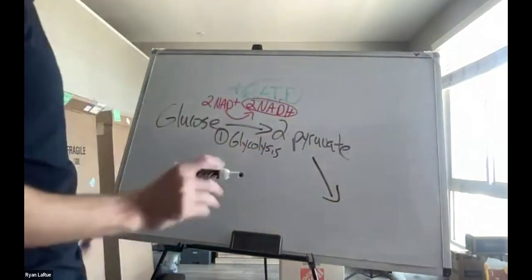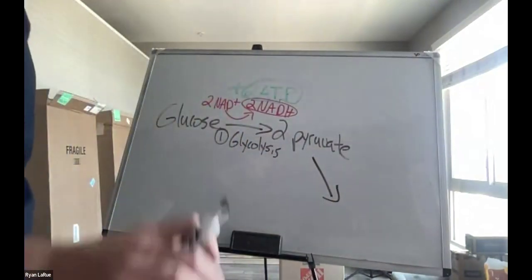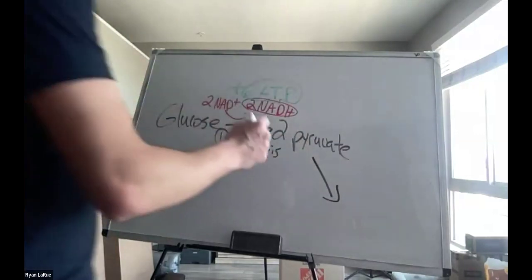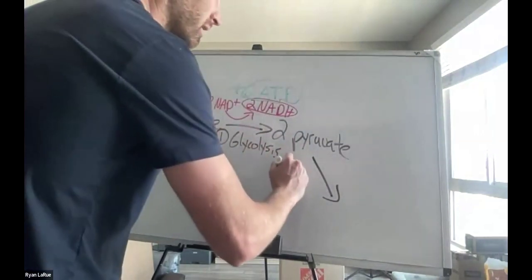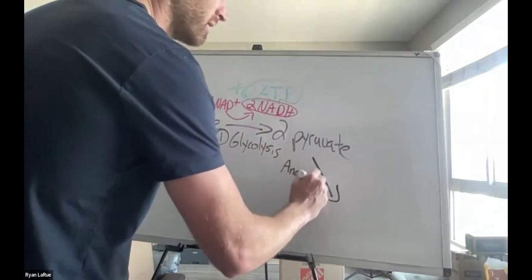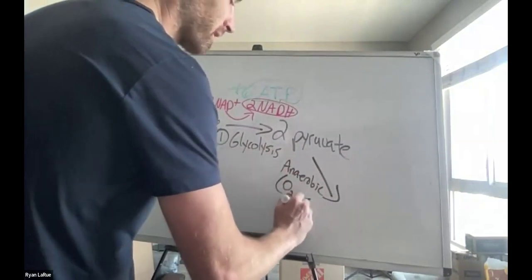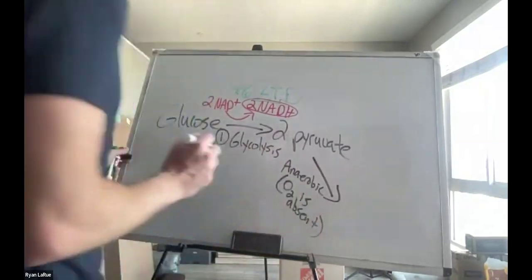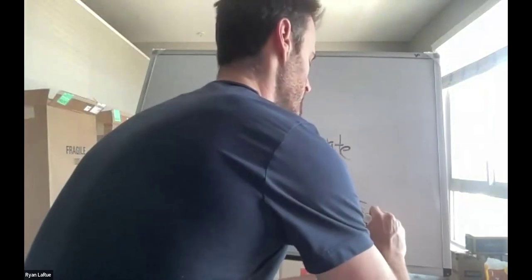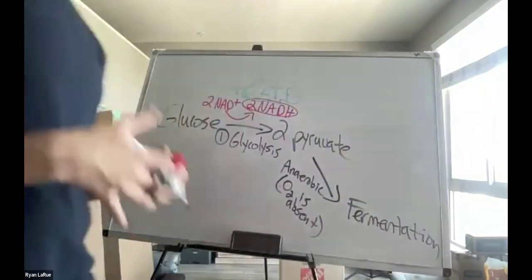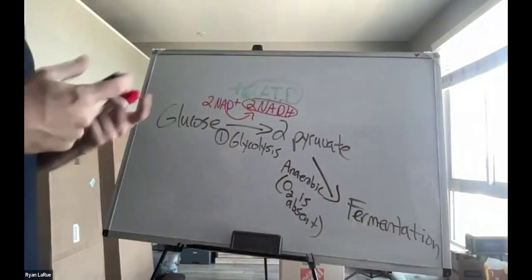And I know it's been a while, so I want to wrap this up soon. Essentially, when the pyruvates go the anaerobic pathway, which means no oxygen, oxygen is absent, that's fermentation. Fermentation, of which there are 2 main kinds, alcohol and lactic acid, depending on the organism.